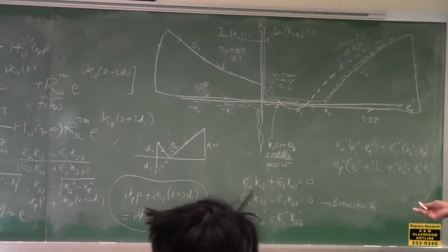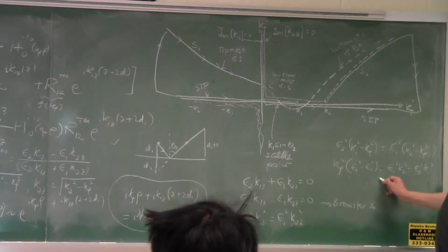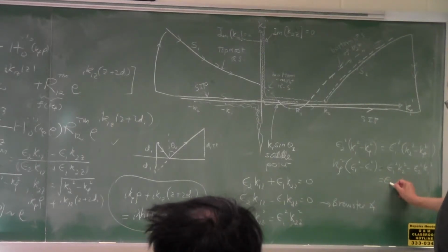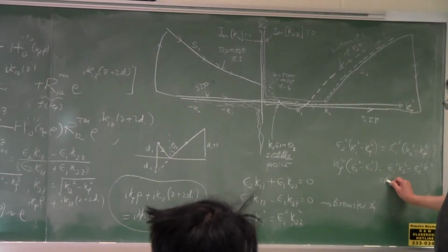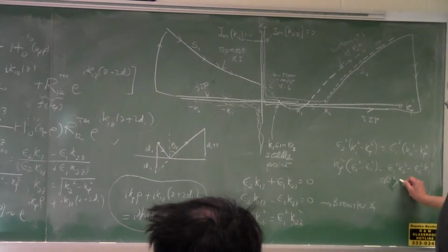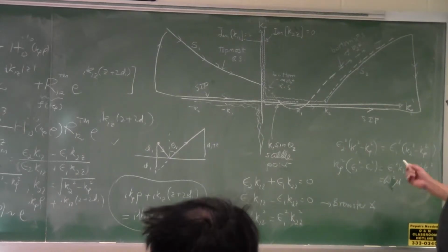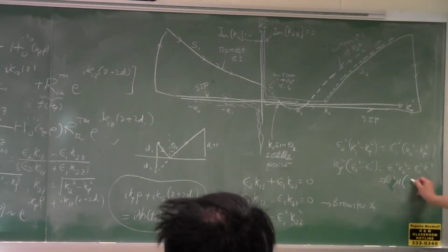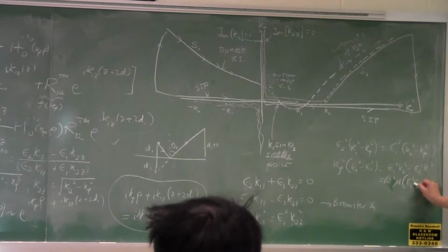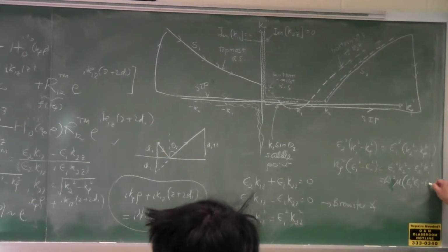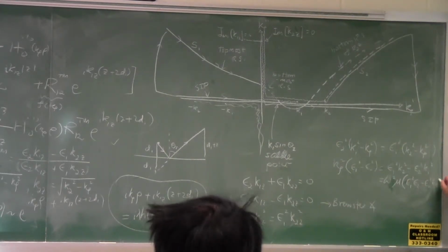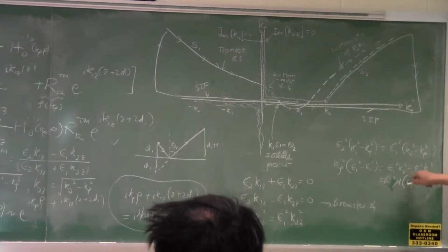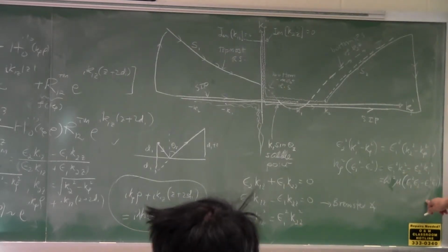But let's assume that the medium is non-magnetic, so that this can be written as epsilon 1, let's pull out omega squared mu. Mu is the same for both cases. So it will be epsilon 1 squared epsilon 2 minus epsilon 2 squared epsilon 1. Agree? If mu is the same for both of them, this is what I get.